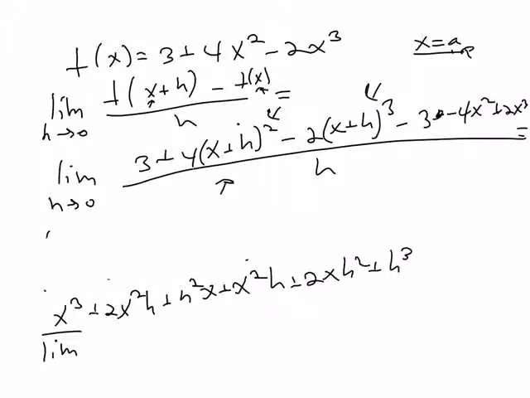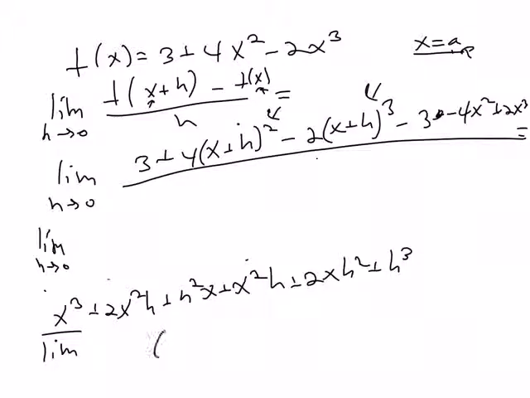So we get this is equal to the limit as h goes to 0 of 3 plus 4x to the third plus 8x squared h plus 4h squared... no, I'm not doing this correctly, because I forgot to keep, okay, let's do that again.